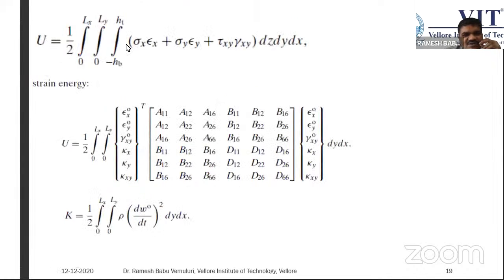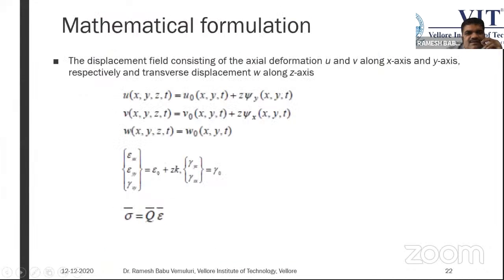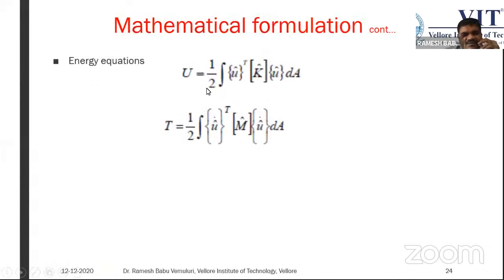We can substitute the stress equations here and get U, then you can get K also. The same way here we can substitute the U, U transpose, K, and M. So this is the strain energy equation, and this is the kinetic energy equation.